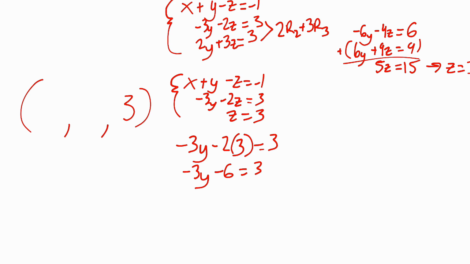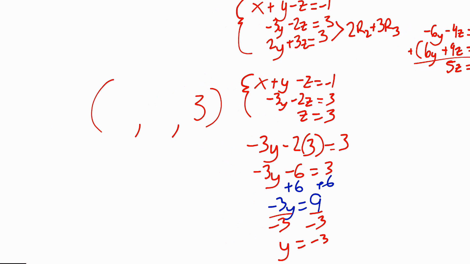To solve for y, we're going to add 6 to both sides. And we end up with negative 3y equals, wait, scratch that, sorry. Negative 3y equals 9. Then to solve for y, we divide both sides by negative 3, and we end up with y equals negative 3. So that's our second solution, our y value there.